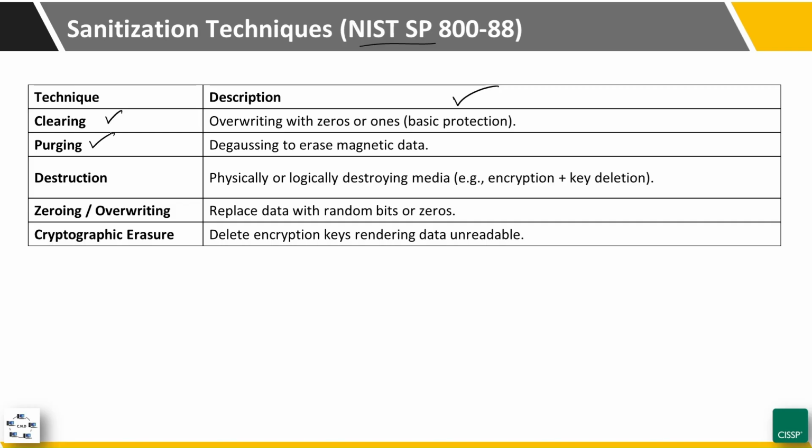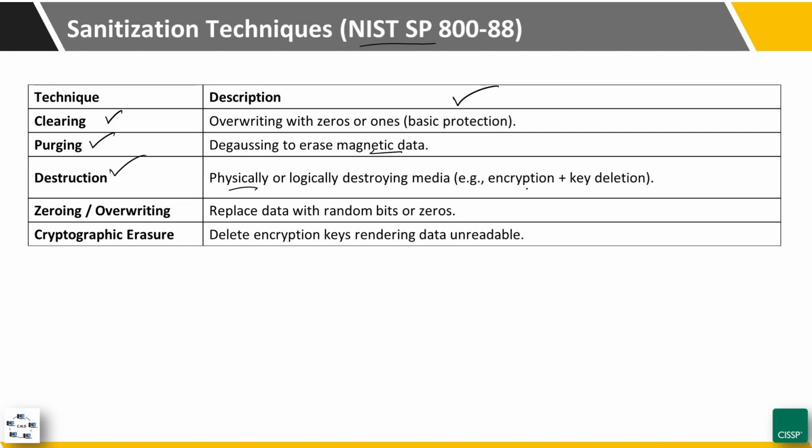Next is purging, which is degaussing to erase magnetic data on magnetic disk. Next is destruction, which is the most secure method, and it is physically or logically destroying data. Mainly it is physical.